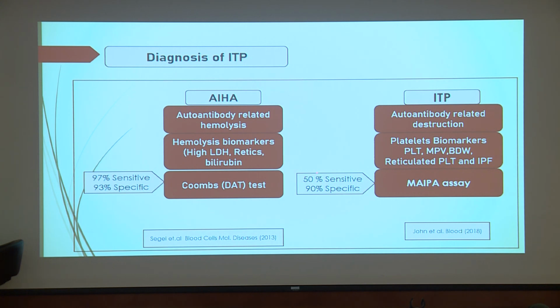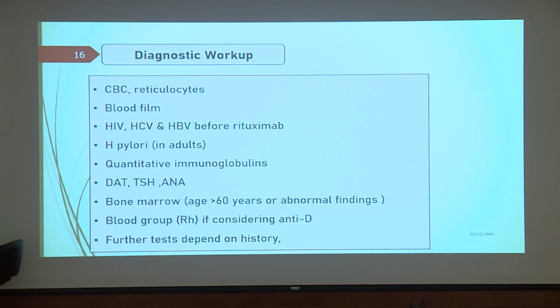But when it comes to sensitivity, it is low because, as I said before, we have complex immune dysregulation, with complement, Treg and cytotoxic T cells, and this is why we still don't have a highly sensitive assay.